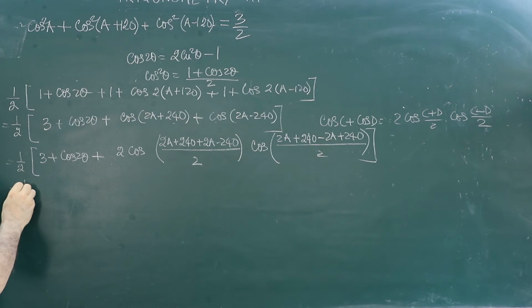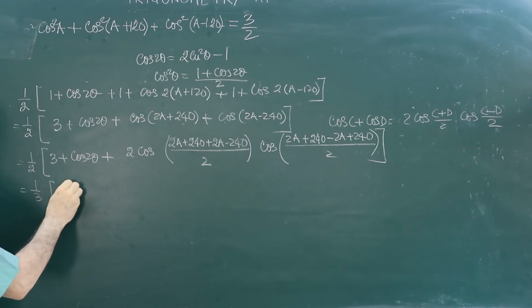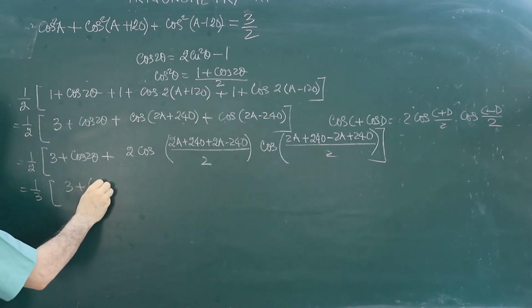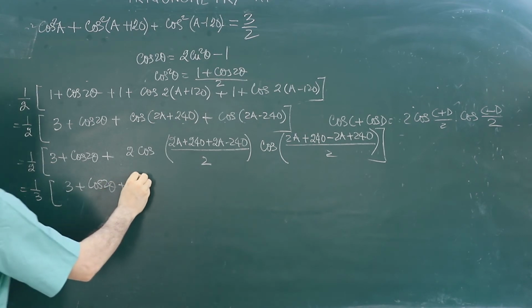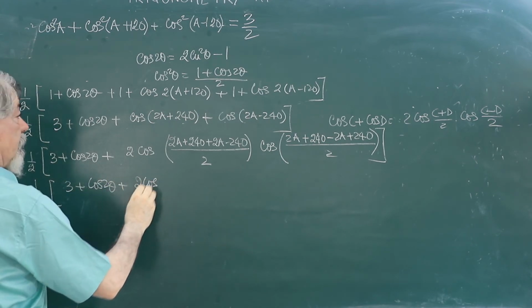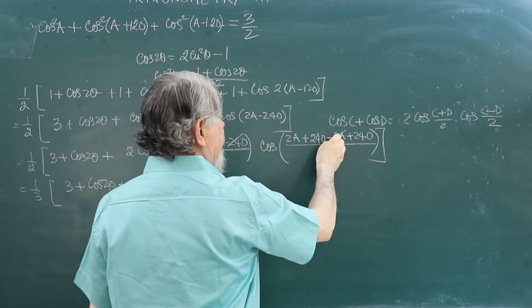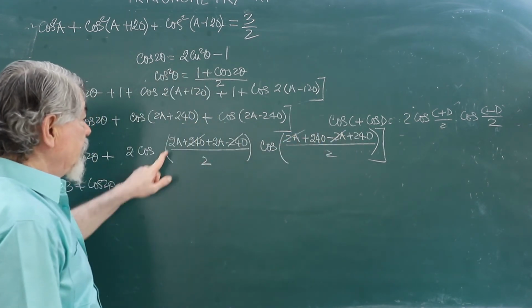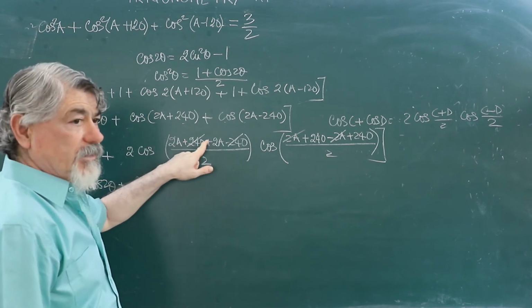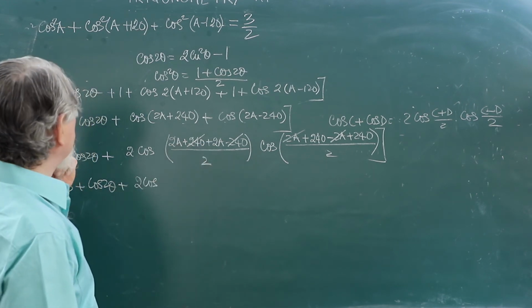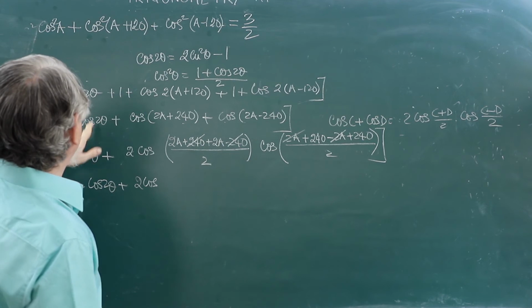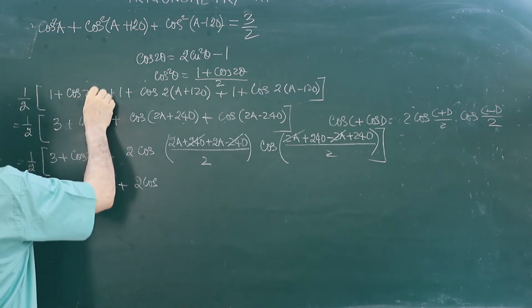Now let us see, 1 upon 3, 3 plus cos 2a plus 2 cos, let us see what we can cancel. 240 will cancel, minus 2a plus 2a will cancel. Sorry, it should be a only, not theta.